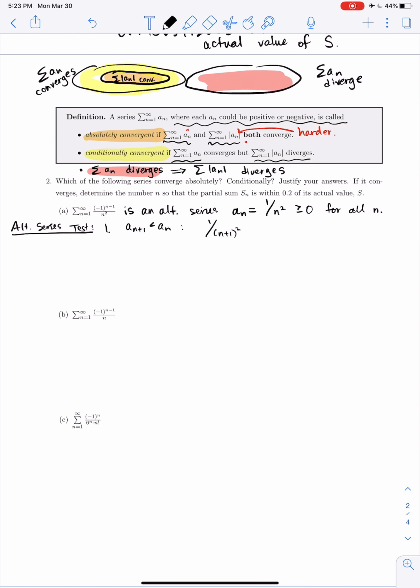You want your terms to get smaller as you move forward. So is this less than or equal to its previous term? And this is true because, of course, (n+1) squared is bigger than or equal to n squared for all n. So that checks out. I'm going to give it a blue check mark.